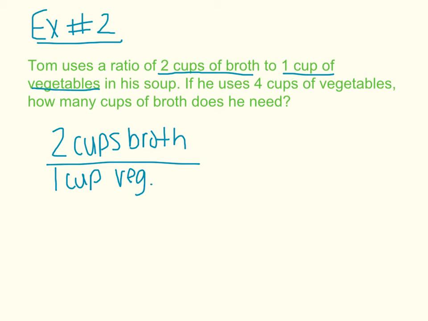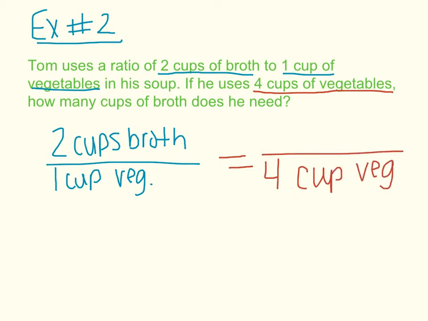If he uses 4 cups of vegetables, how many cups of broth does he need? So we know we have to get to 4 cups of vegetables. Now I put that on the bottom because vegetables was on the bottom here, so I have to keep them the same. So now I just solve.